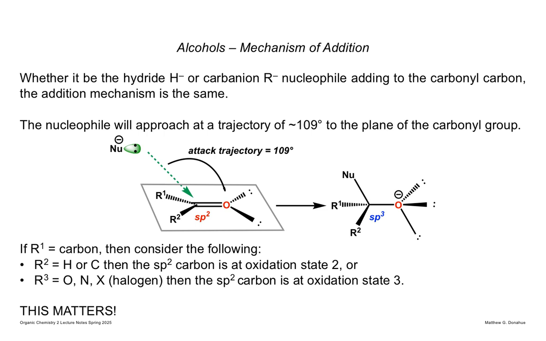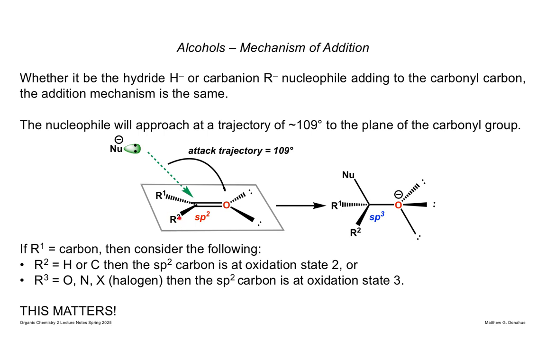One thing that's important in these mechanisms is how the hydride reagent is approaching the electrophile. So I have this carbonyl group here. The carbon is sp2 hybridized. We have R1 and R2. Depending on what those things are, this oxidation state can be 2 or 3.